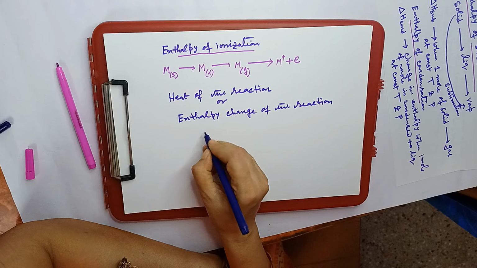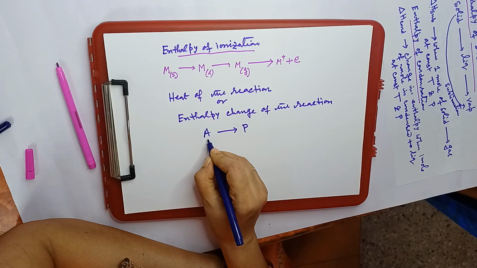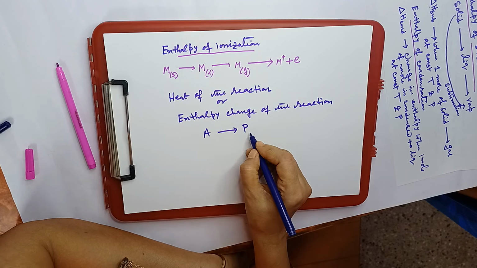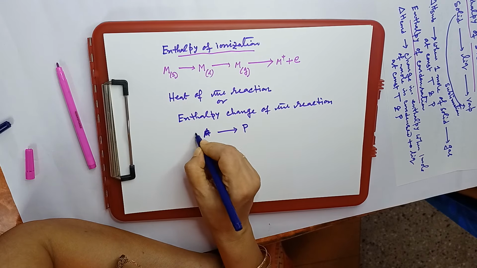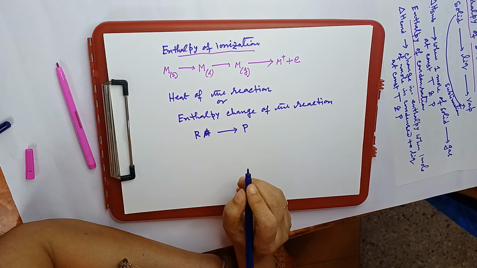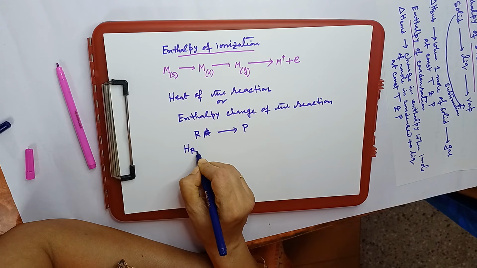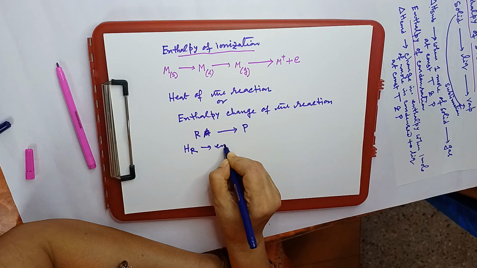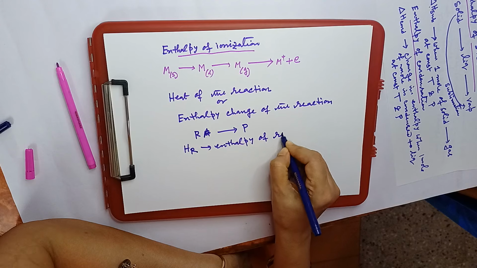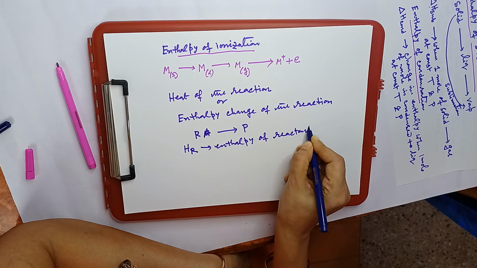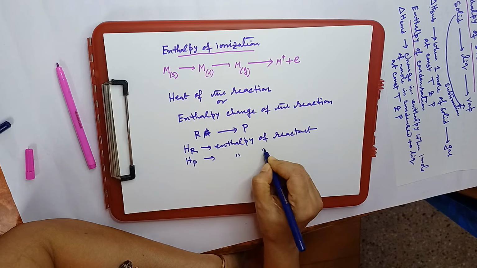Say your reaction is A is converted to the product P. A is the reactant and P is the product. Or you can take it as R. R is the reactant, P is the product. Say the enthalpy of the reactant, I denote it as HR. This is the enthalpy of reactant. Similarly, HP will be the enthalpy of product.